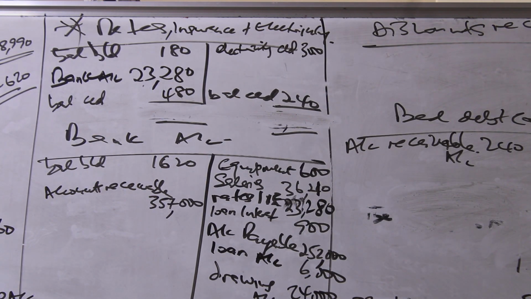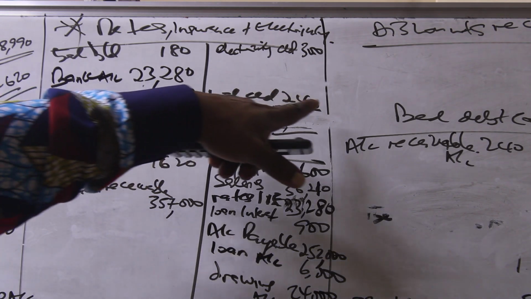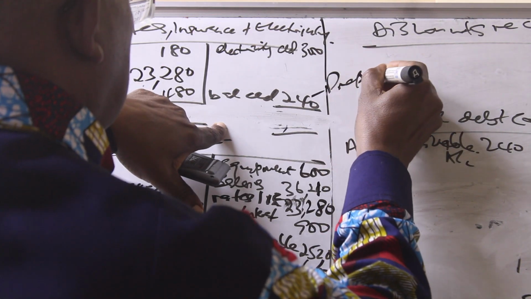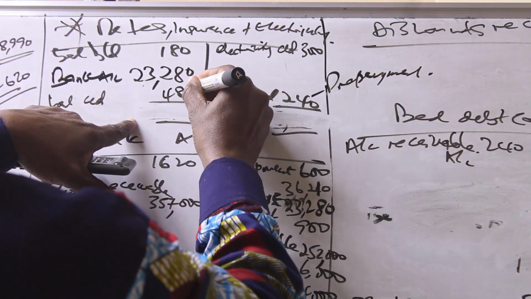We add them up to get a total balance for all of them. But we must know that these are prepayments, and this is a liability.